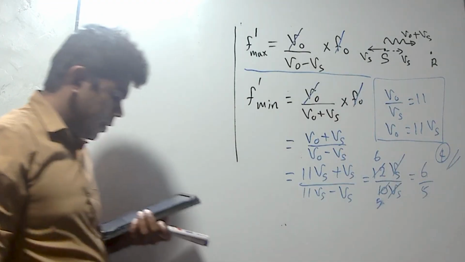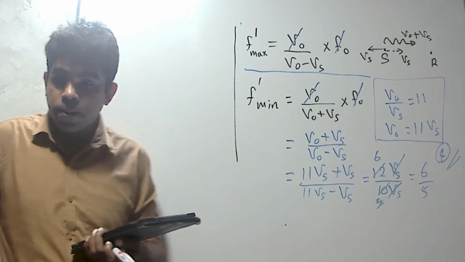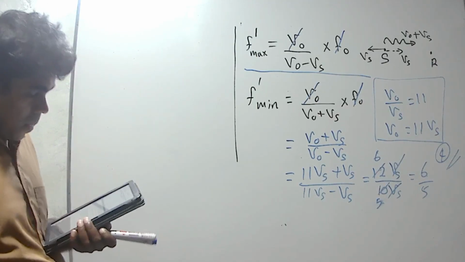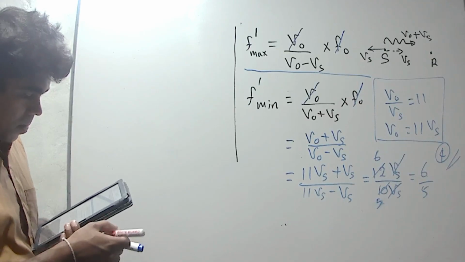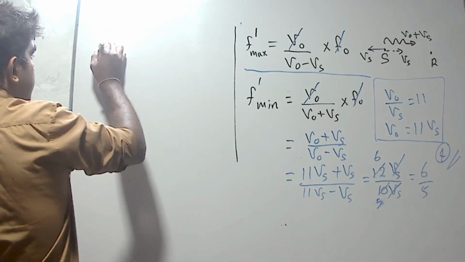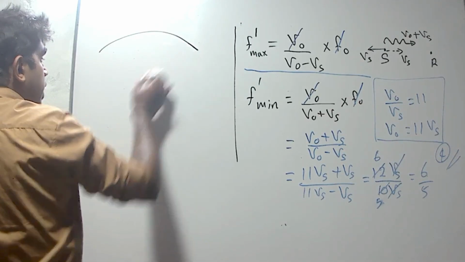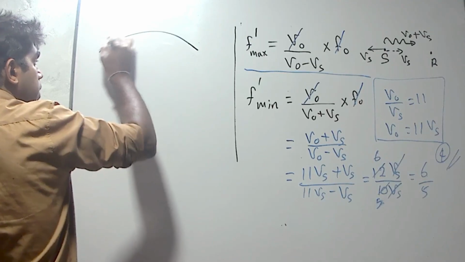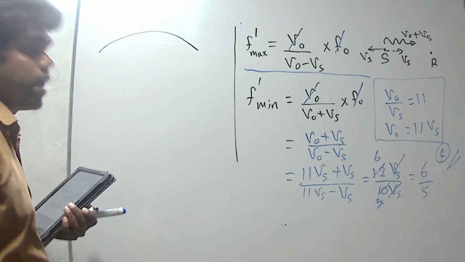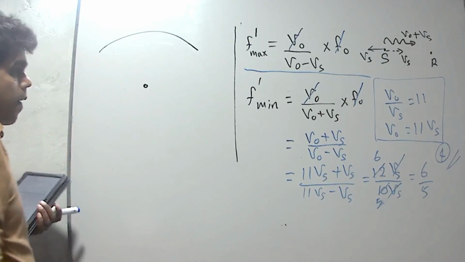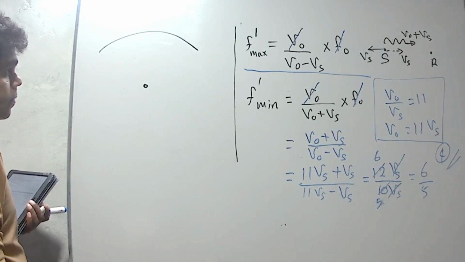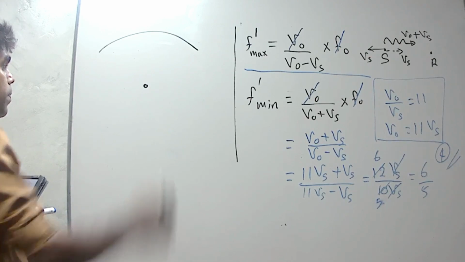when the distance between the receiver and the source is decreasing, we can observe a higher frequency than the actual frequency.